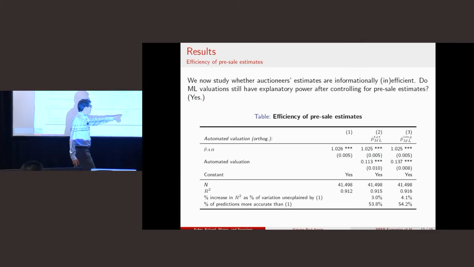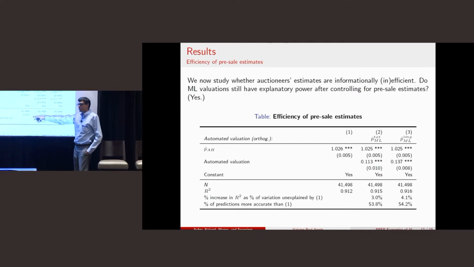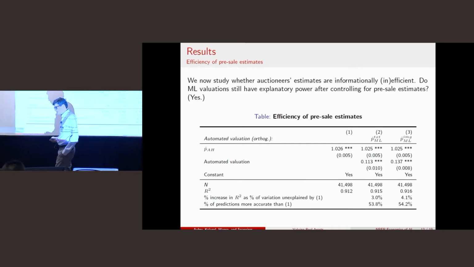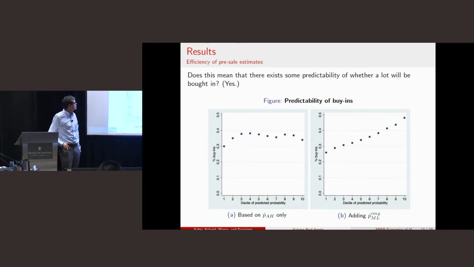Now, the R square increases in principle by just a little bit. However, that's 3% of the unexplained variation, and 4.1% if you add the image. So that could be a significant improvement in this estimate.